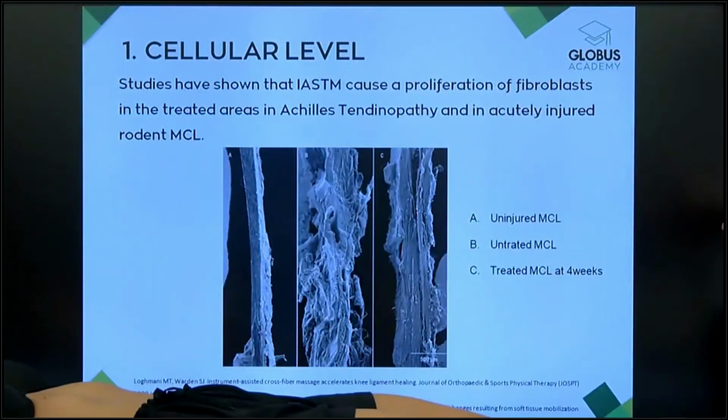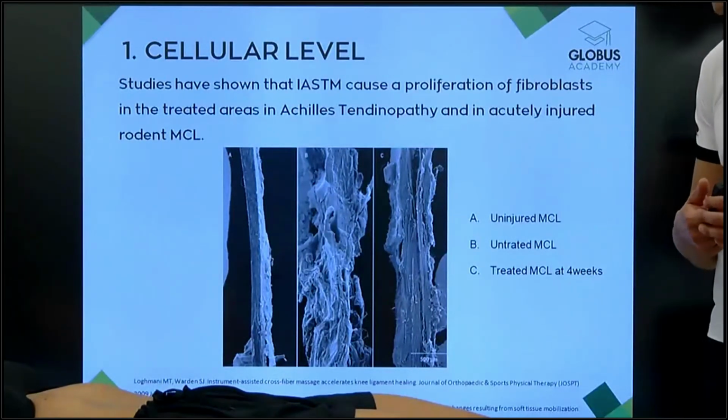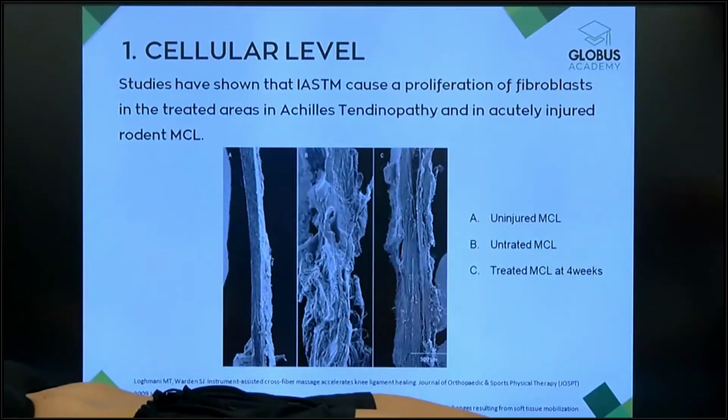So that's why we are promoting fibroblast activity. We are promoting the production of collagen fibers, elastin, and growth factors, all that can achieve the healing process for our ligaments.